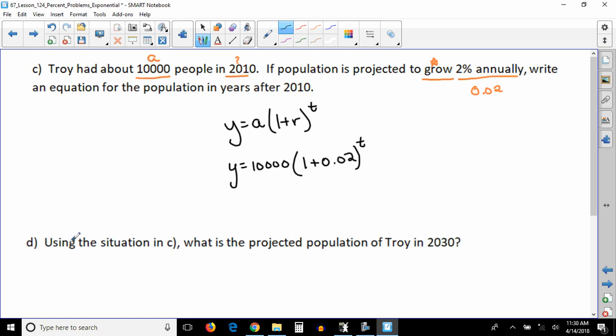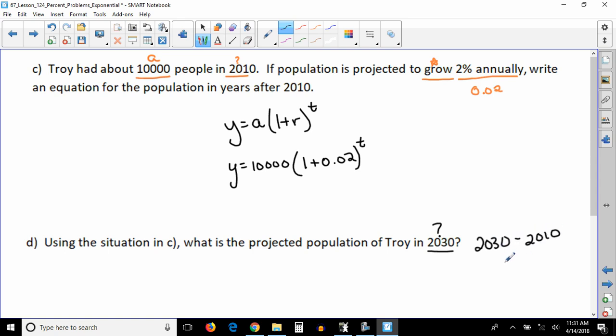And then down here in part D, it says to go ahead and use that equation for 2030. Now the question is you can't just plug 2030 in there. 2030 is the year. The question is what number do I put in for t? Now it says people in 2010 is this equation. After 2010, so how many years is 2030 after 2010?